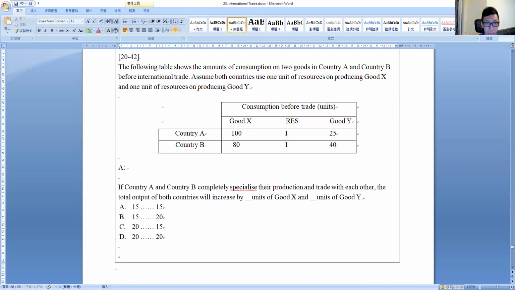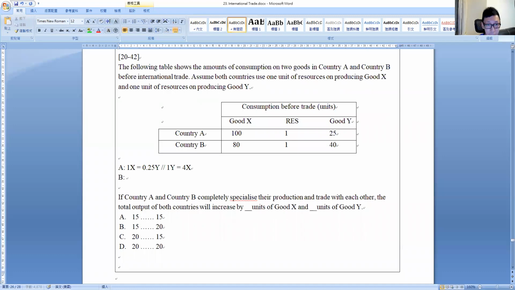The cost would be 1x equals 0.25y or 1y equals 4x. And 1x equals 0.5y or 1y equals 2x.